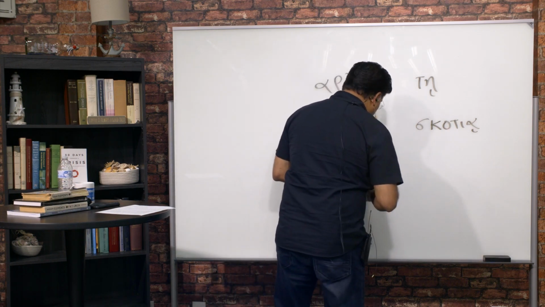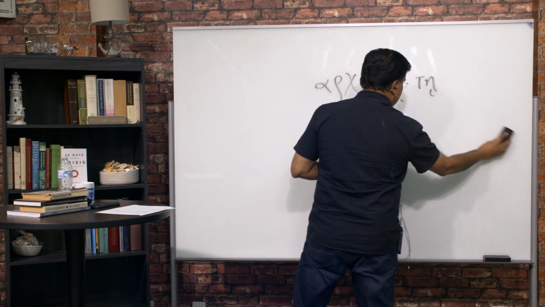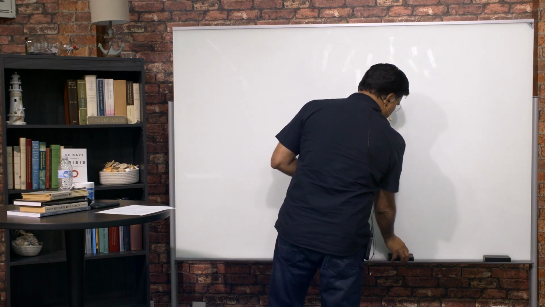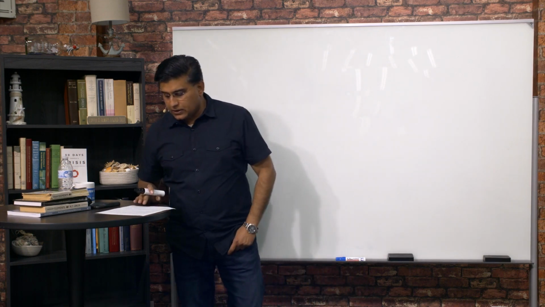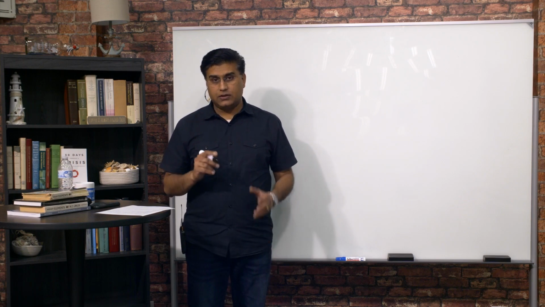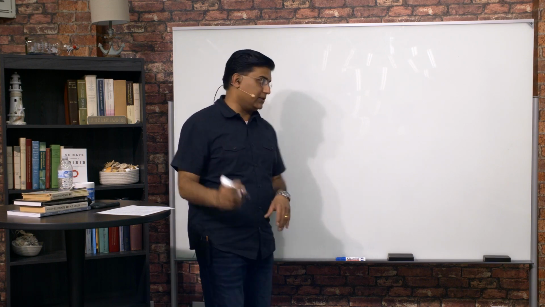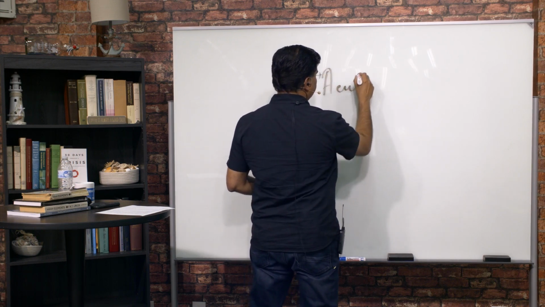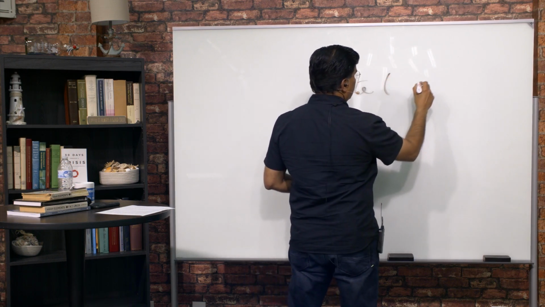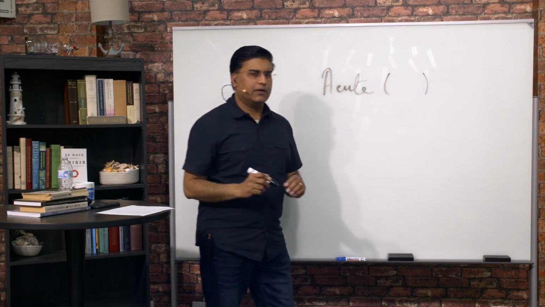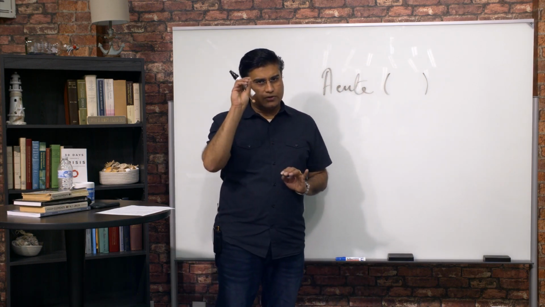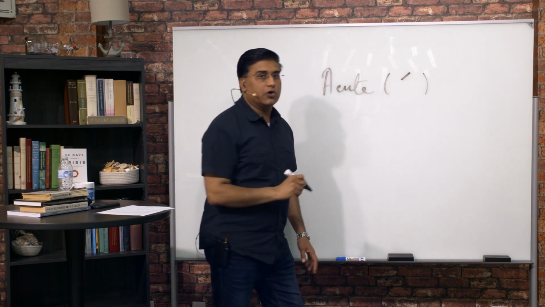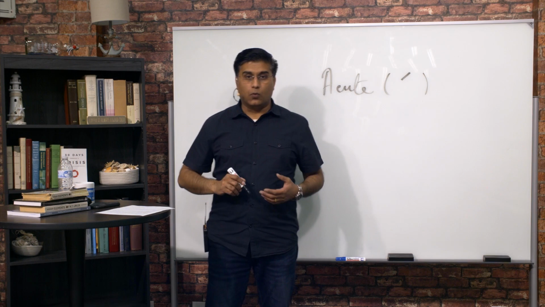So there are three accents in the Greek language. The first one is known as the acute accent. The acute accent kind of looks like the breathing mark without the dot on the top, and it's slanted towards the word.